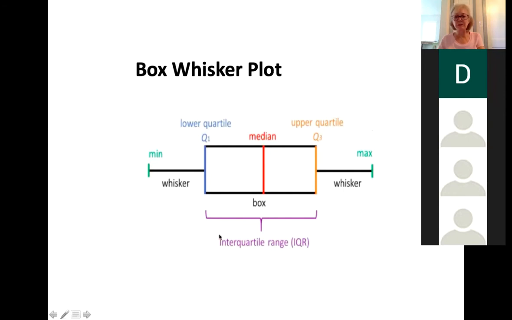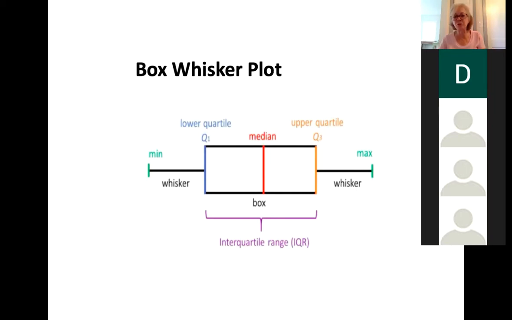You would order the data from smallest to largest. You would probably find the middle piece first. Then you'd take that middle piece and cut it in half, and that would be the quartile 1. You'd take the middle piece and cut it in half. The middle of the upper half is quartile 3.